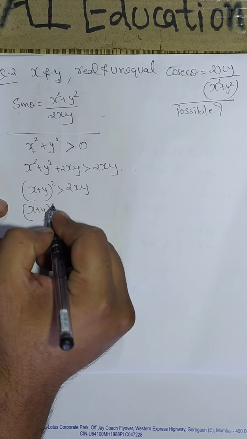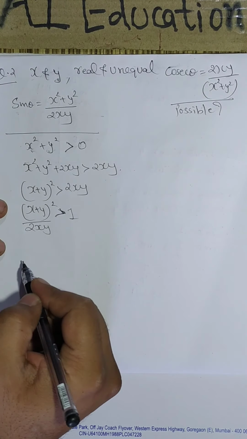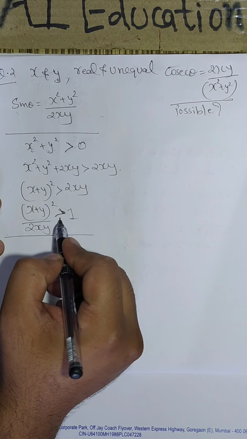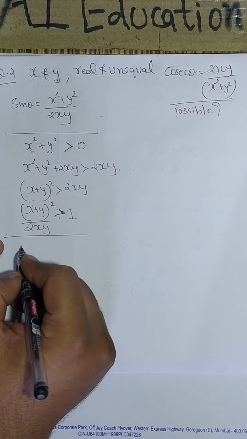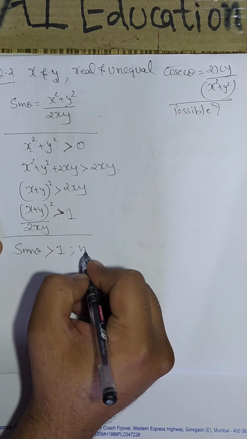Ultimately, x plus y whole square upon 2xy is greater than 1. If we use this here, then we get that sin theta is greater than 1, which is impossible.